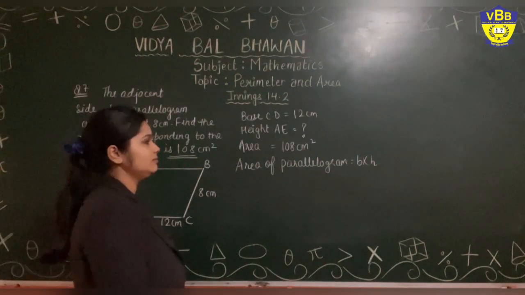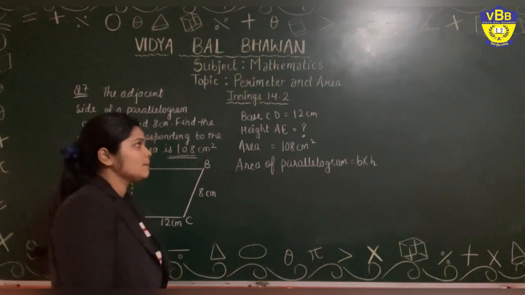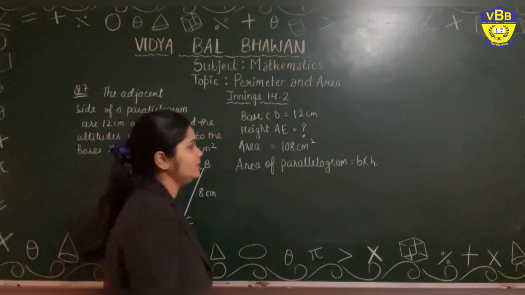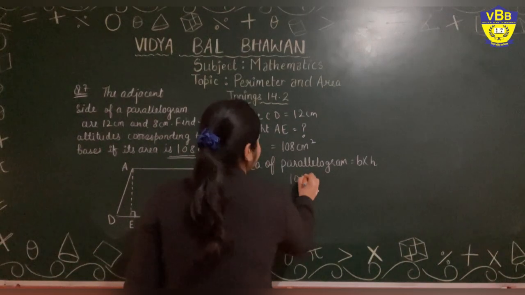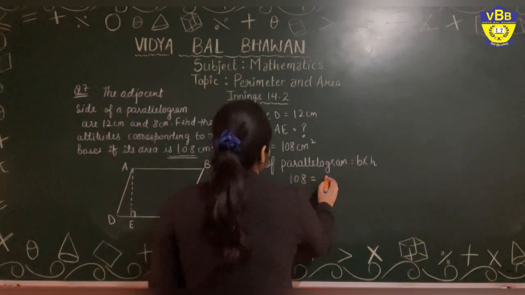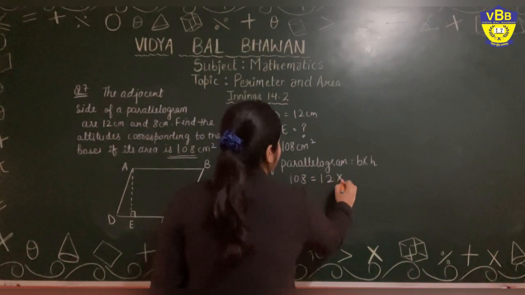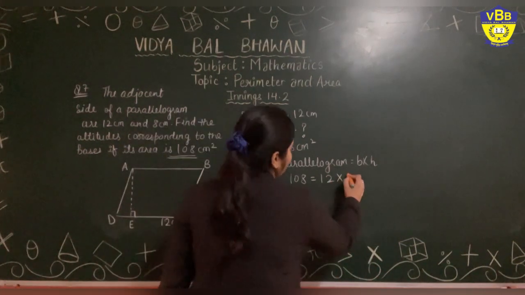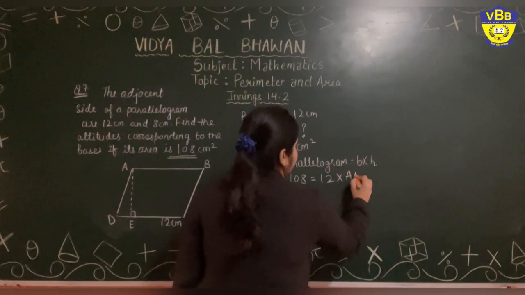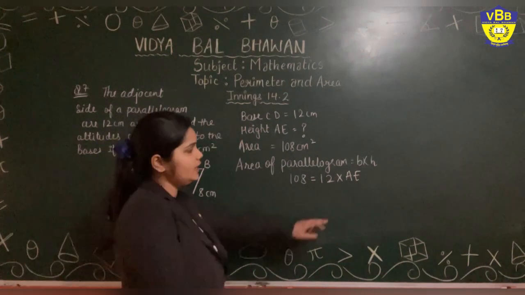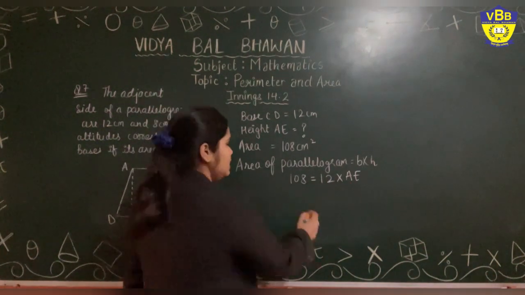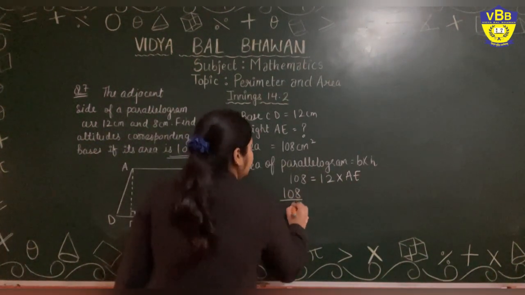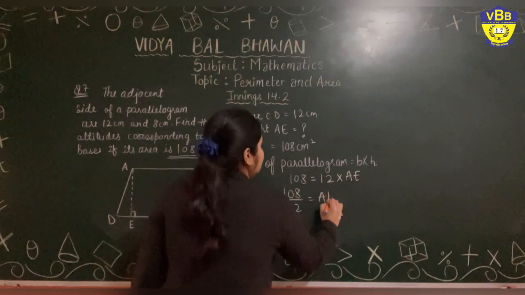Area is known, base is known, height we need to calculate. Area is 108, base is 12 centimeter, height we don't know, height is AE. To find the length of this AE, we simply transpose this 12 to the other side.